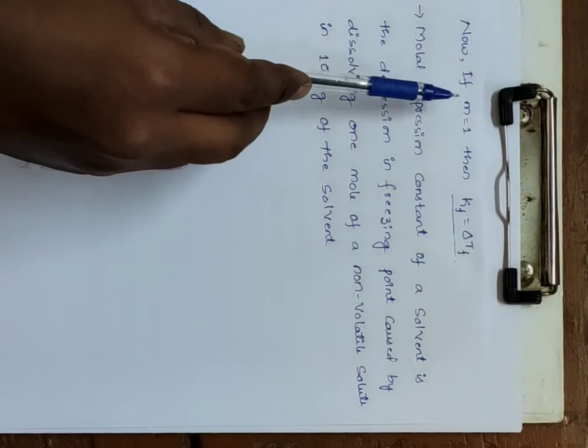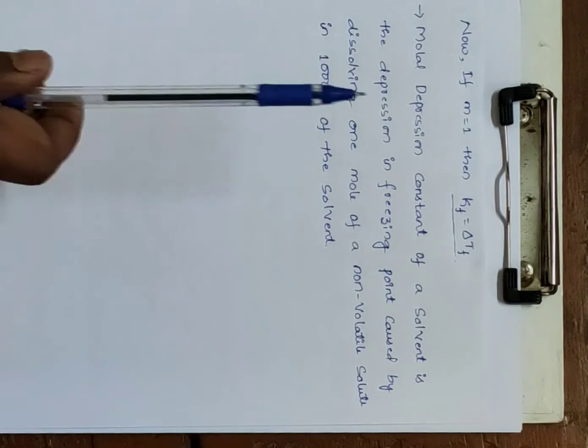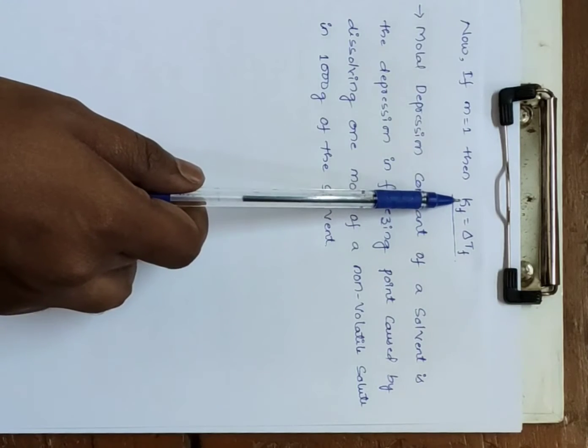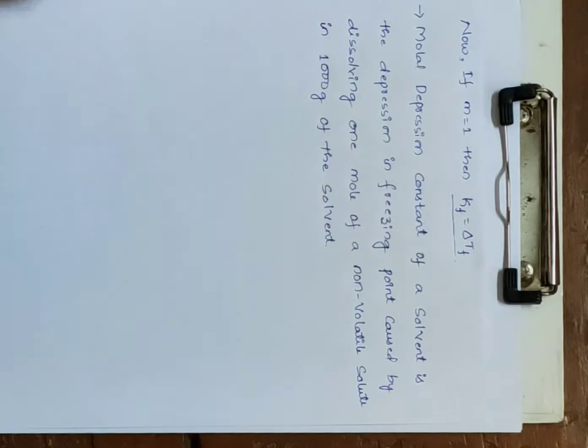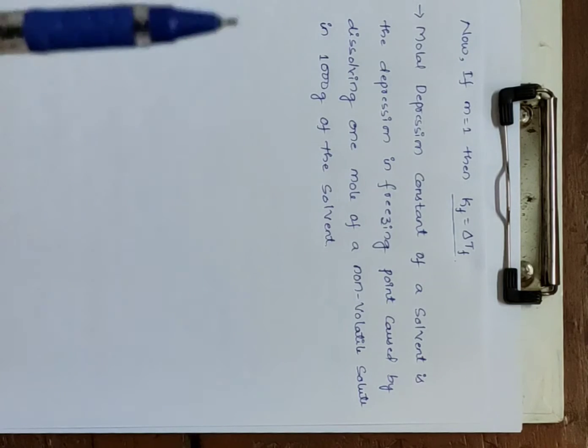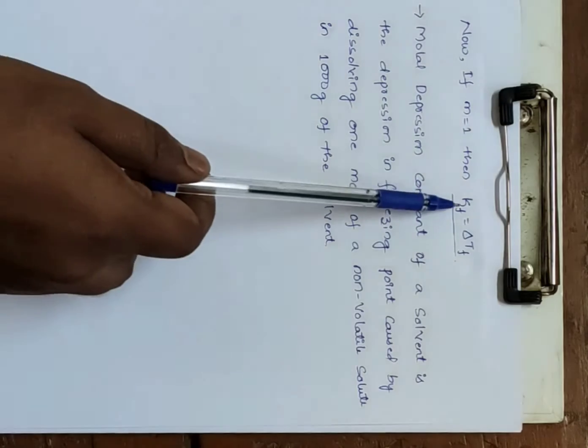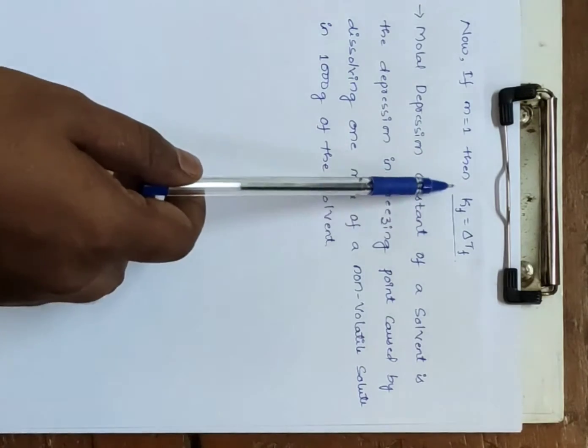Now if m, that is molality, is equal to unity, if it is 1, then KF will be equal to delta TF. That means the molal depression constant is equal to the depression in freezing point. So how can we define this molal depression constant?